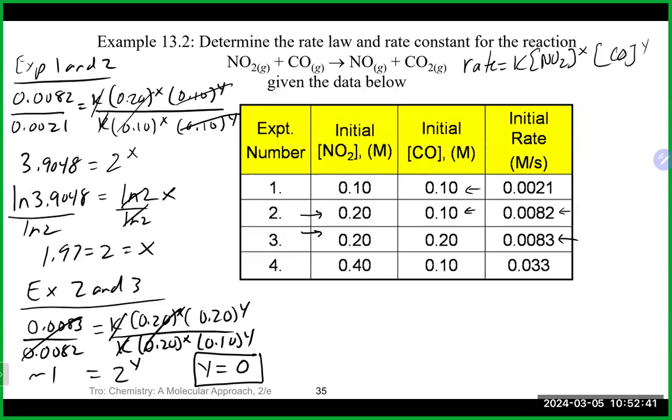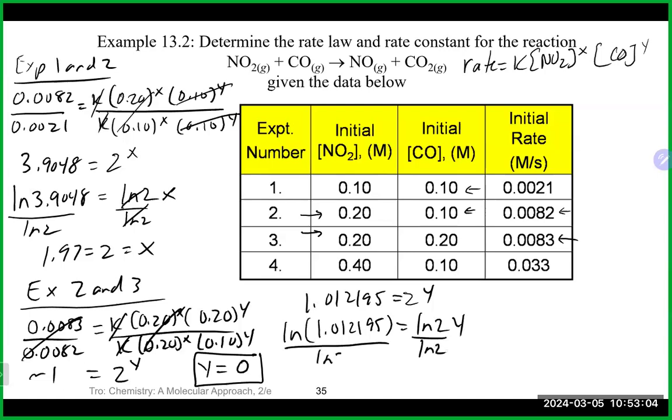And again, if you did the division, 0.0083 divided by 0.008, you get 1.012195 equals 2 to the Y. Take the natural log of both of those numbers, and then divide by it to the other side.